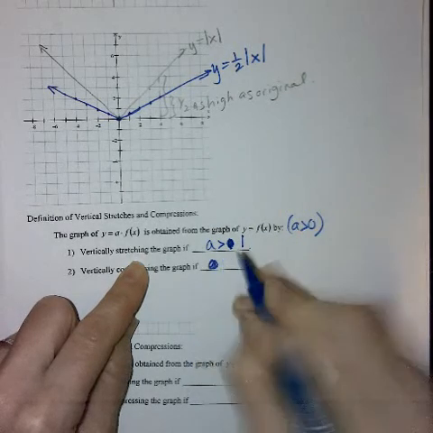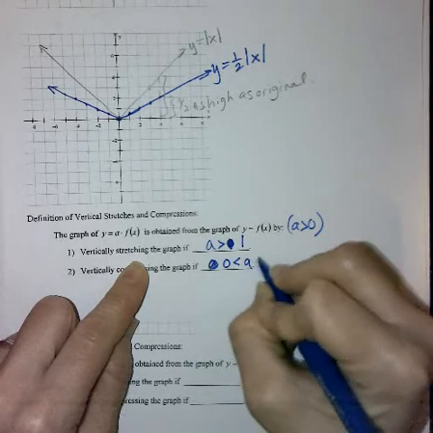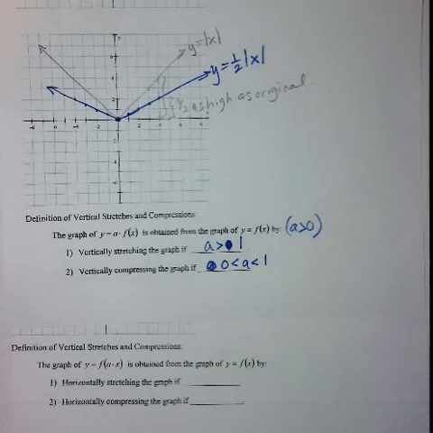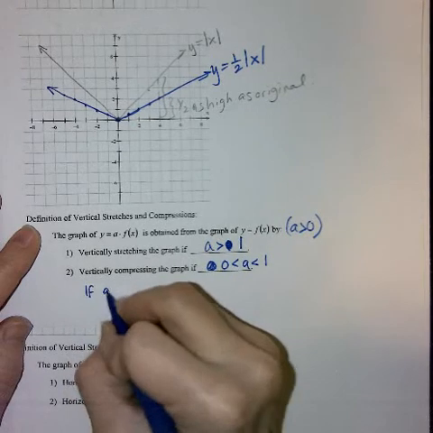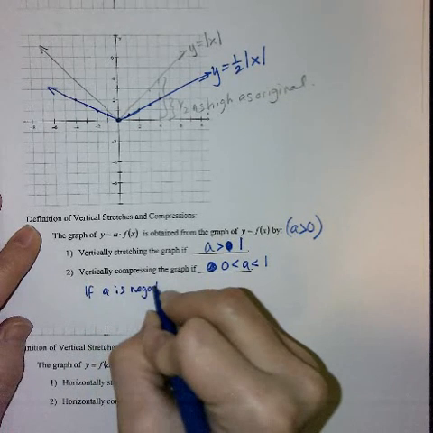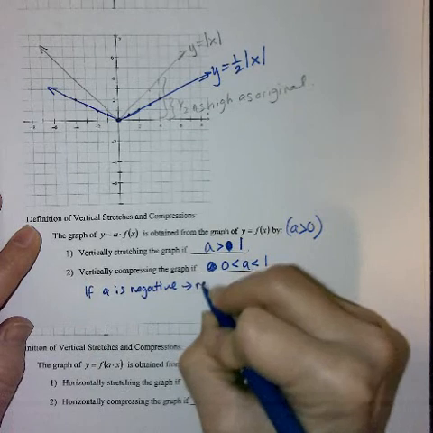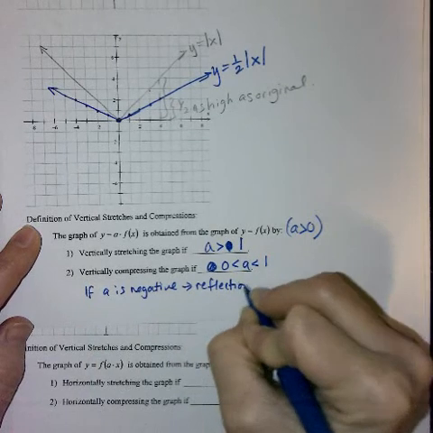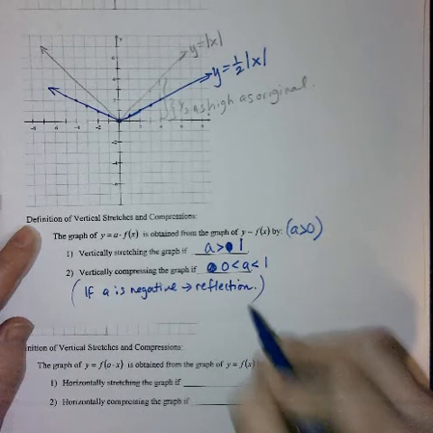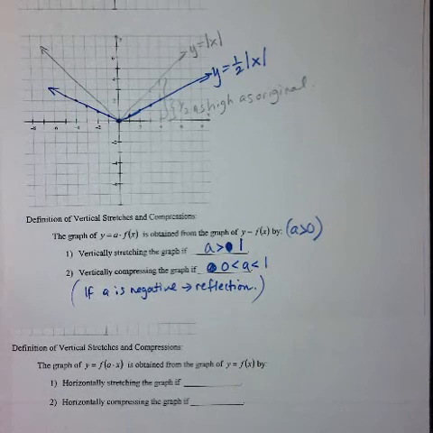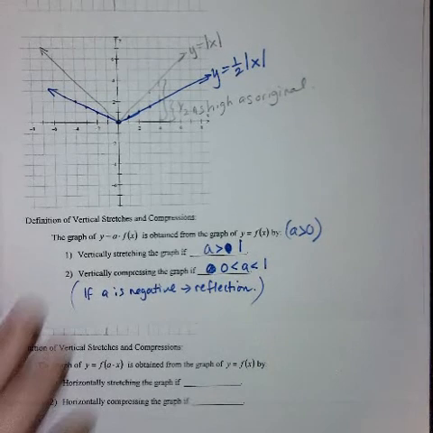And then if a is negative, then you have a reflection. That's a separate transformation. Okay, so all of these a is positive. What you should do then is multiply for either of these.